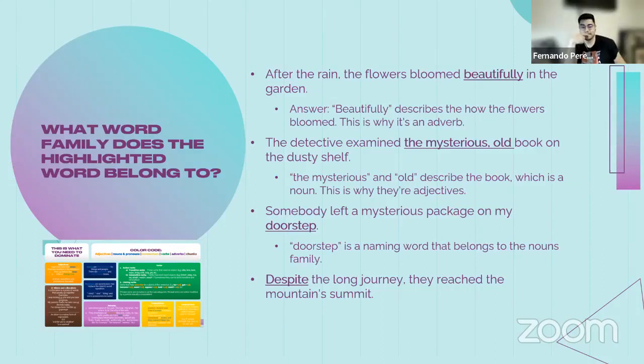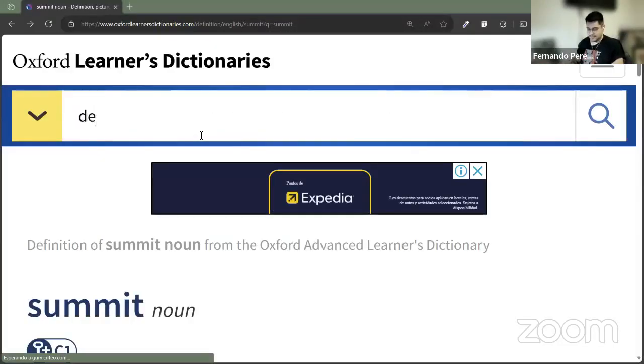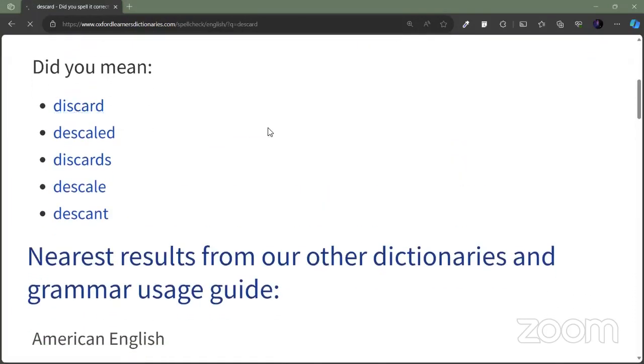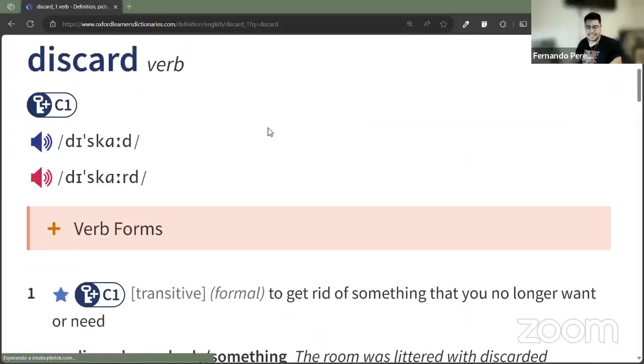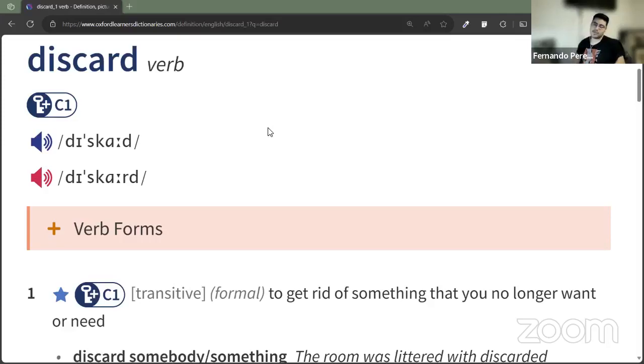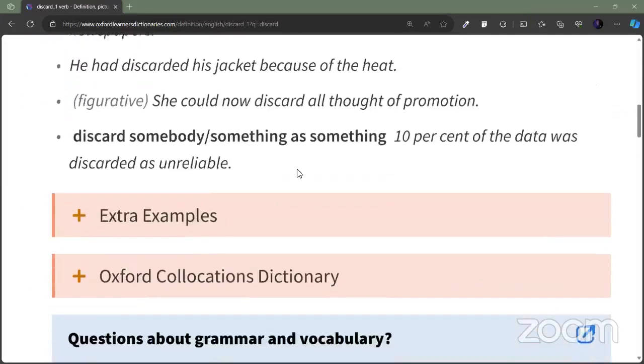But that's a very nice solution. Not discarding, that's Spanglish. Discard is to get rid of something that you no longer want.